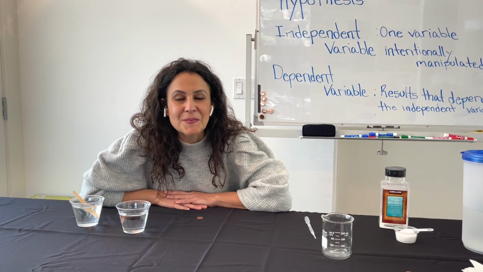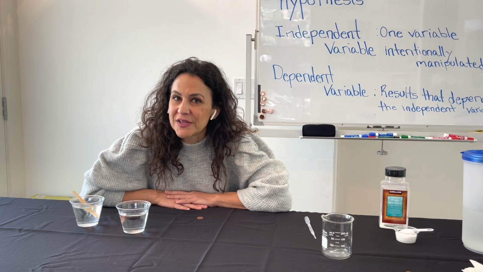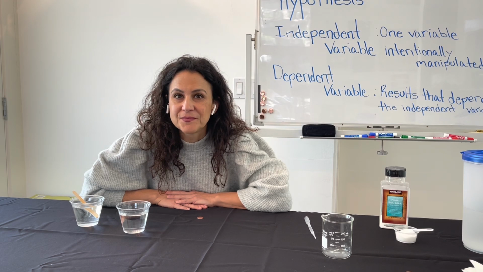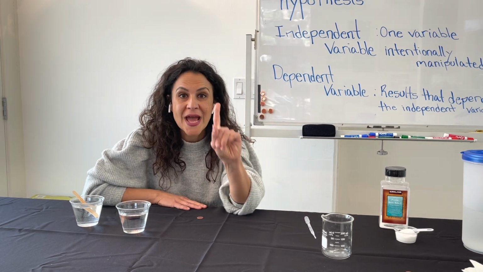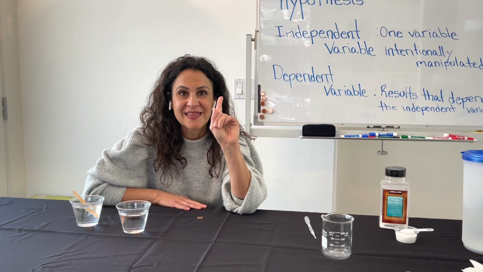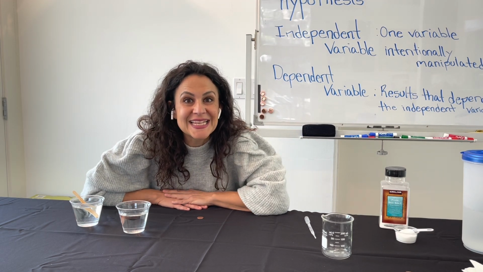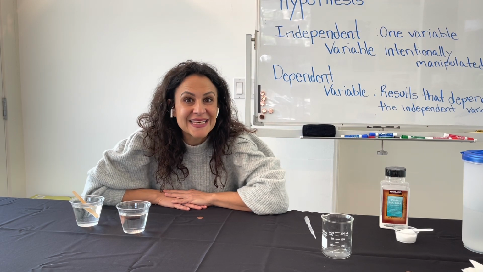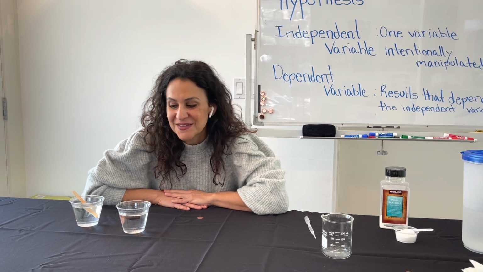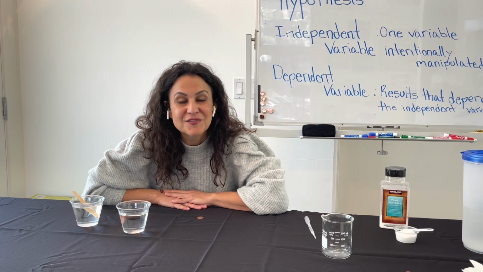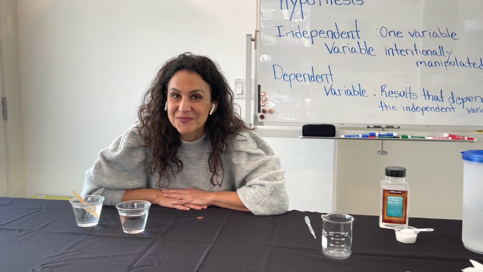But what I want to talk about right now are the variables in this lab. We changed one thing. That one thing that we changed is called the independent variable. In this lab, the independent variable was water versus salt water.